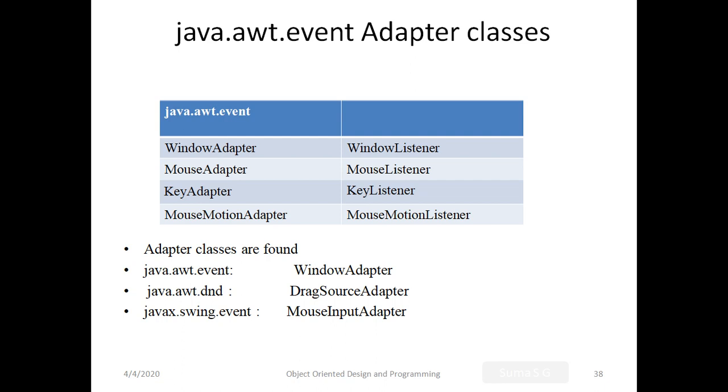You don't have to implement these listeners. Instead, you can extend the adapter class in your class and define only the suitable methods. You are not required to give the implementation of all the methods. That is the only advantage of using adapter classes.